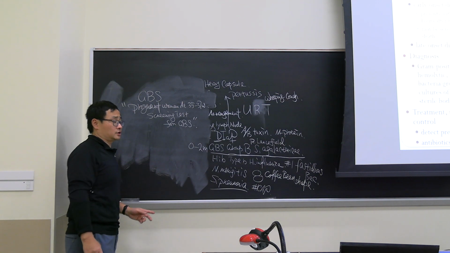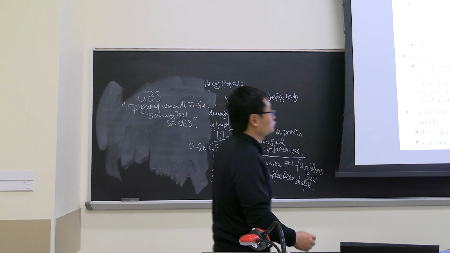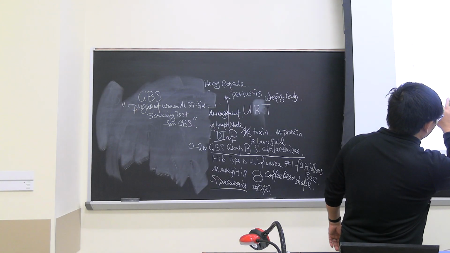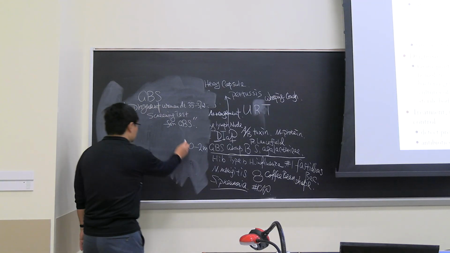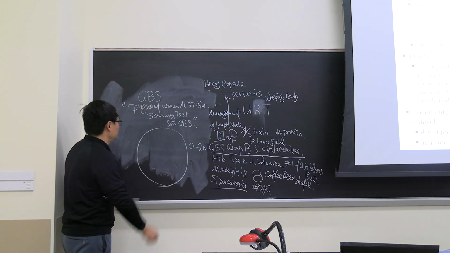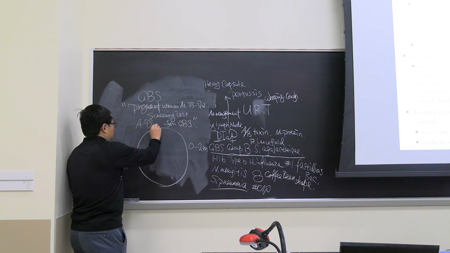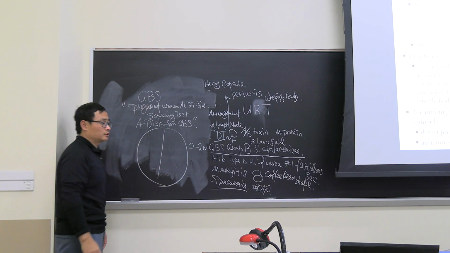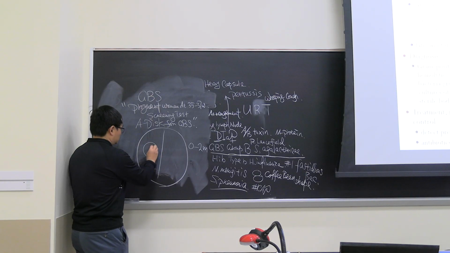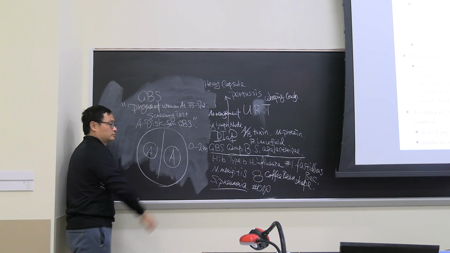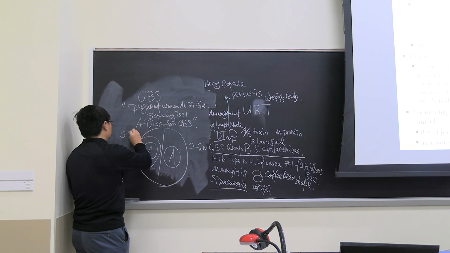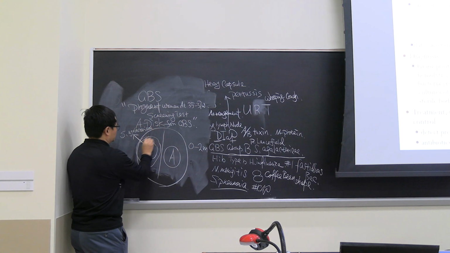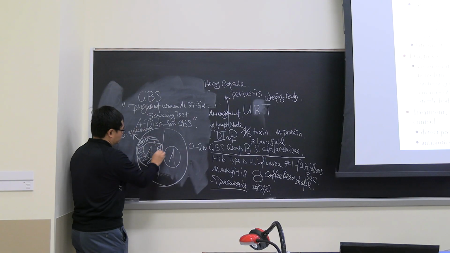Now, how do we differentiate different streptococcus, especially group B and group A? We use a different disc. This is called the A disc. With the A disc, we split the plate into two. On the left side, if we grow Streptococcus agalactiae, it is resistant, which means it can grow.